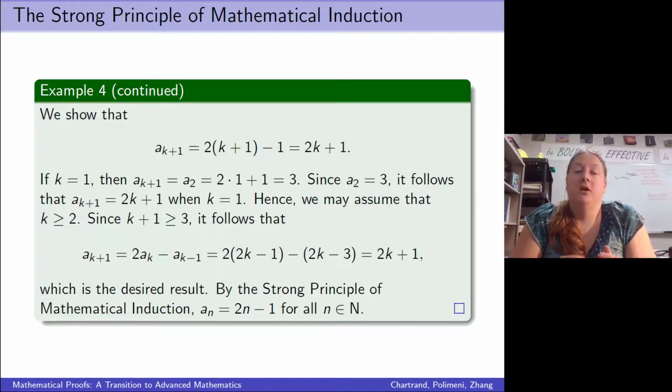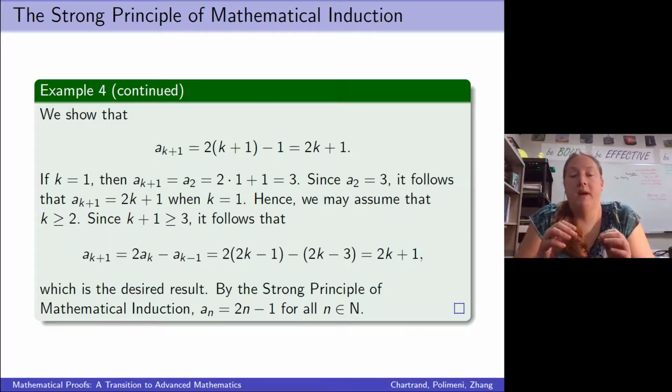Now, I'm going to take a look at a sub k plus 1, and I'm going to use the recursive definition of my sequence. So remember, a sub n equals 2 times a sub n minus 1 minus a sub n minus 2. So if I have a sub k plus 1, it's going to equal 2 times a sub k minus a sub k minus 1.